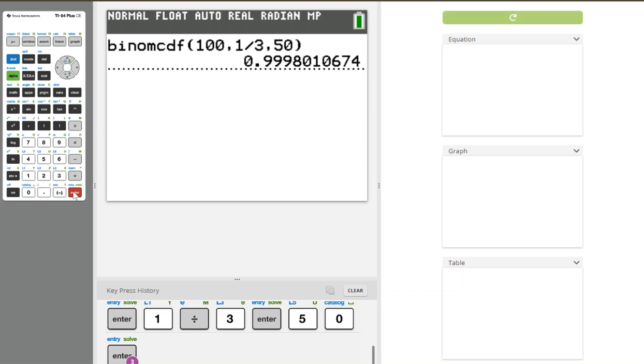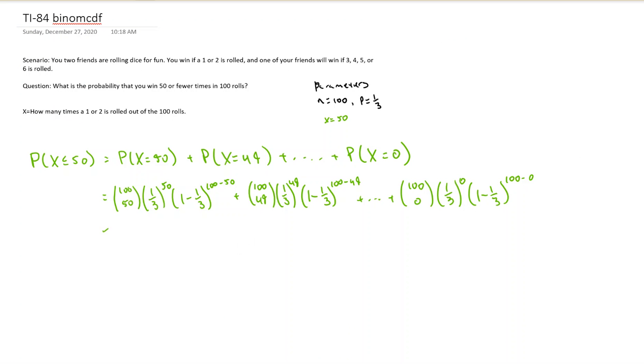Now, how can you write this to receive credit if it were the AP exam? You need to make sure you specify what each of those numbers actually represents. So when I go to write this in calculator speak, I'm going to write binomCDF, just like my calculator has here, but instead of writing 100, 1/3, 50, I need to write n is equal to 100 to specify the number of trials done is 100. p is equal to 1/3.